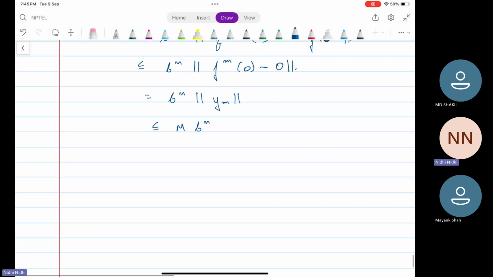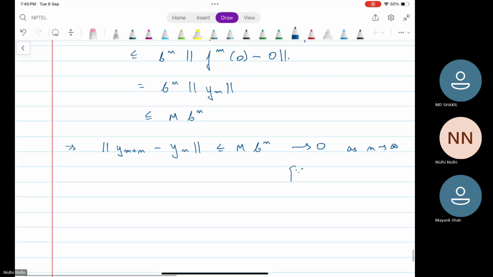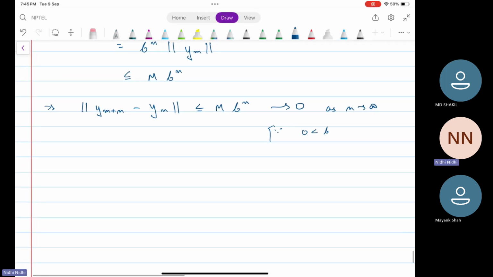So taking n tending to infinity, the norm of y m plus n minus y n is less than or equal to M b to the power n, which goes to 0 as n tends to infinity because our b is between 0 and 1. We know that for some constant strictly between 0 and 1, its power n goes to 0 as n tends to infinity.